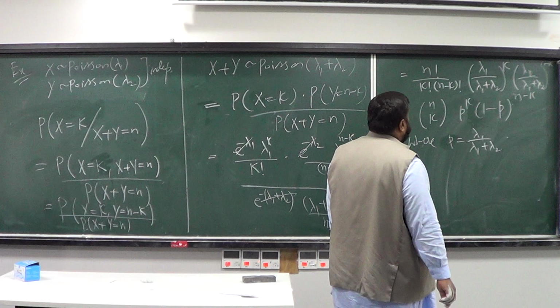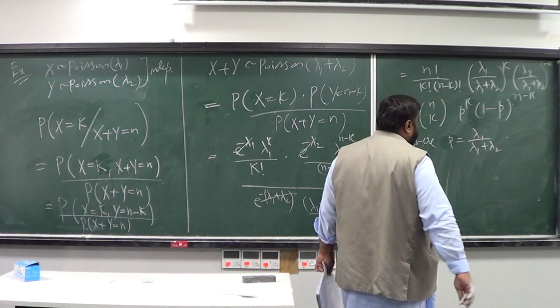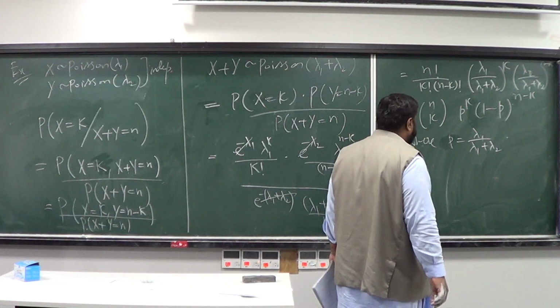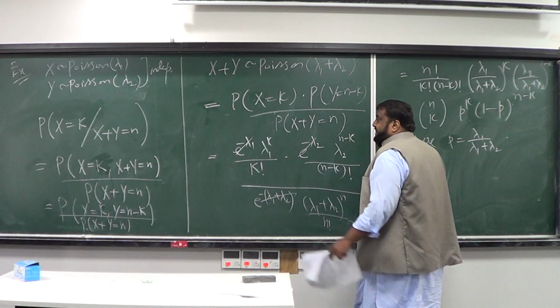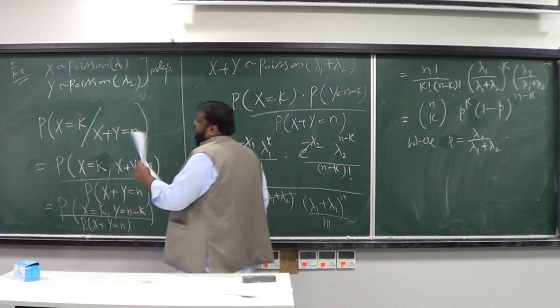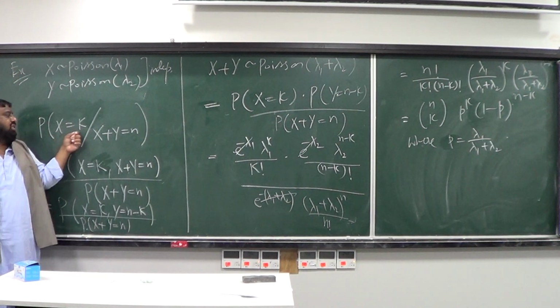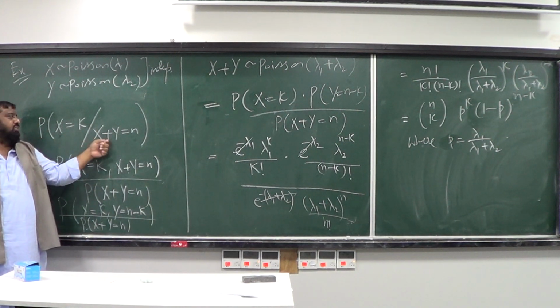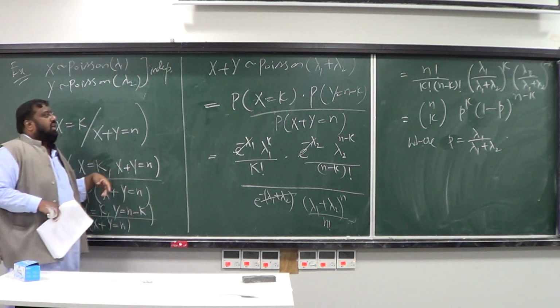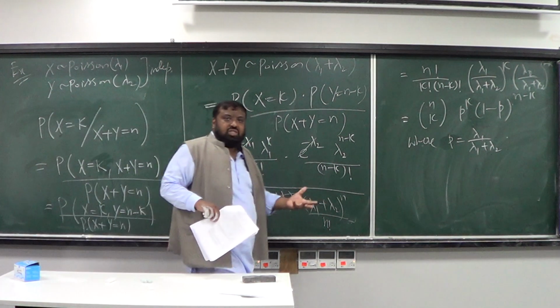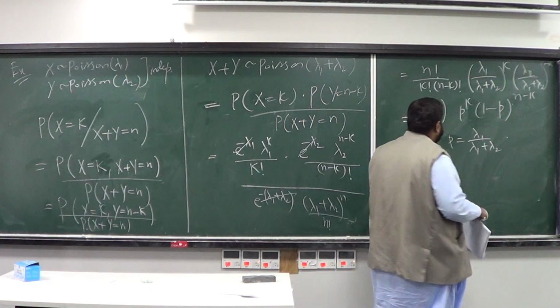Okay. Now what does this show? This shows something very interesting. This means that this conditional probability that the number of males on a given day is going to be k, given that x plus y equals n, is a binomial distribution. So it's a PDF.